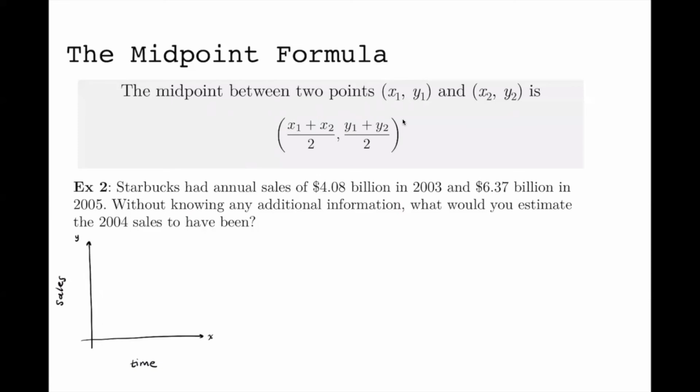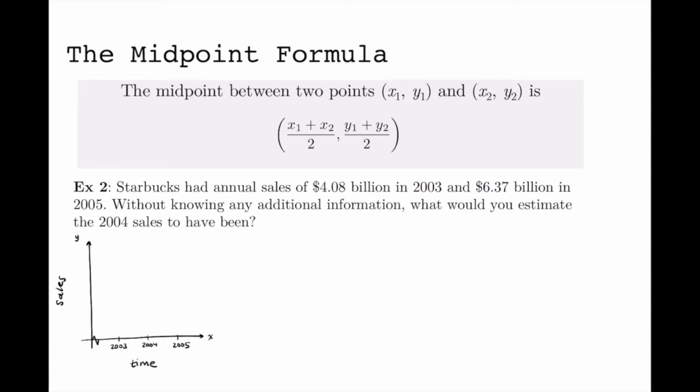We are going to go from 2003 to 2005 and then look in the middle, but we're not going to start at 0. So the way that we indicate this on our axes is by drawing this symbol to show that we are missing out some parts that aren't relevant to our graph. I'm just going to draw 2003, 2004, and then 2005.